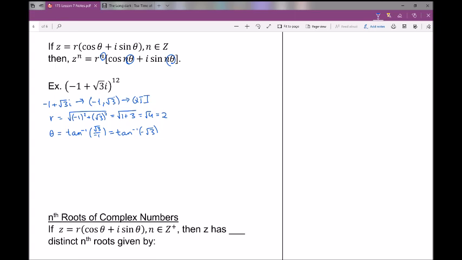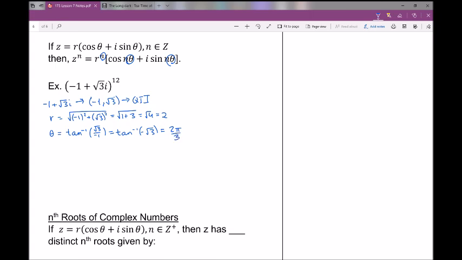So if this falls in quadrant 2, the way that we get our angle is we think of what angle in quadrant 2 has a tangent of negative root 3. And the angle that comes to mind is 2 pi over 3. So our argument is 2 pi over 3.